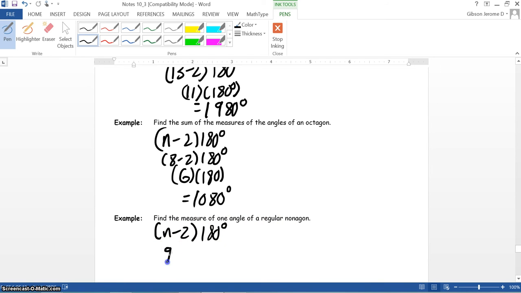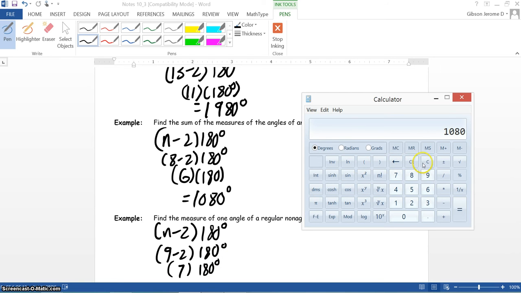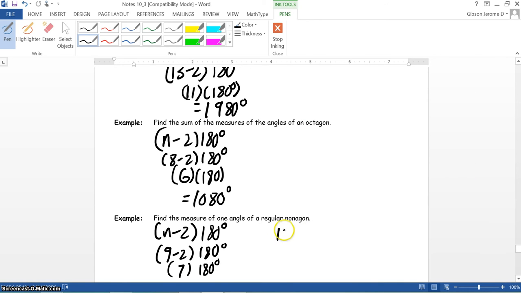Remember, a nonagon has 9 sides. So this would be 7 times 180 degrees. So we'll put that in the calculator. 7 times 180. And that gives us 1,260.